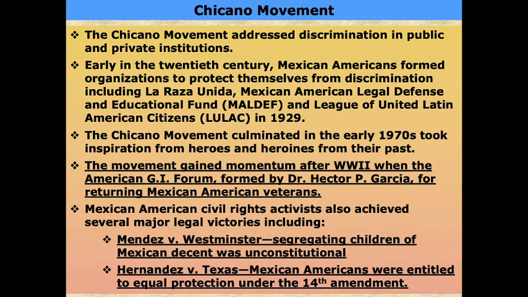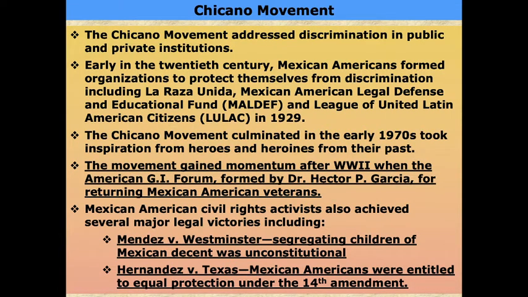Even during World War II, prior to that, Dr. Hector P. Garcia is establishing the American GI Forum, which is going to help address the shortcomings taking place against Mexican-American veterans and help to end the discrimination, where the GI Bill was kind of not being really extended or was held back in some ways. But anyways, it's an activist organization established in Corpus Christi.